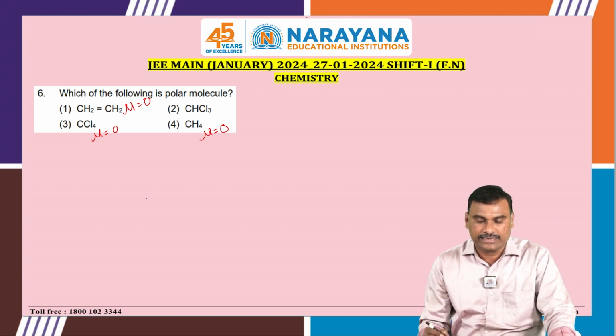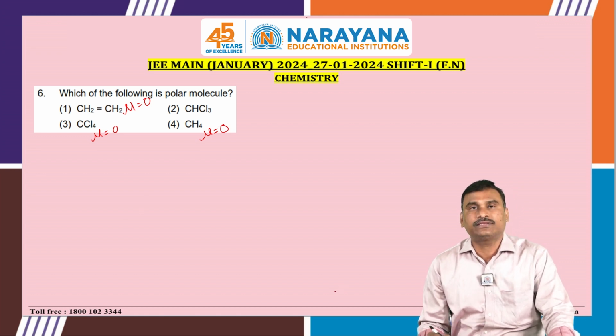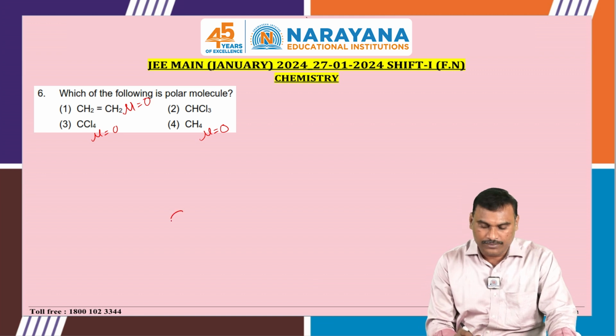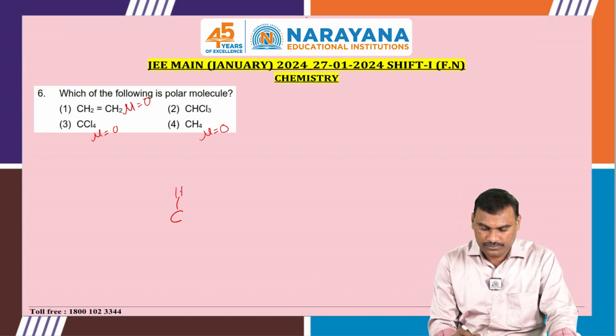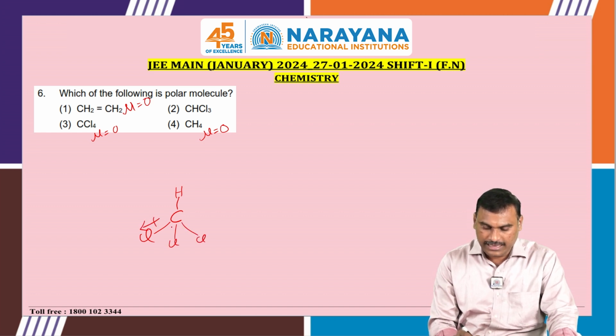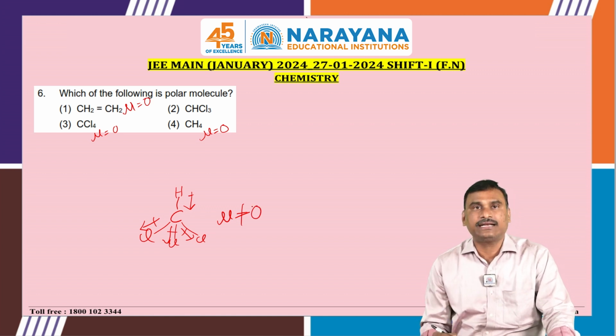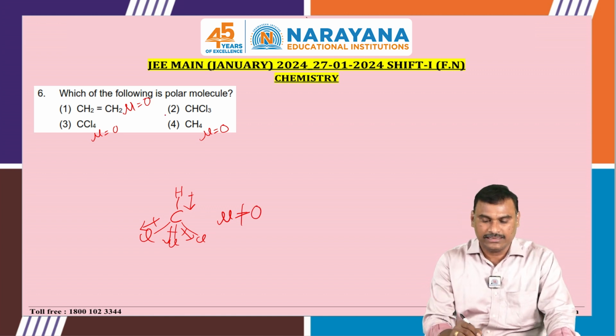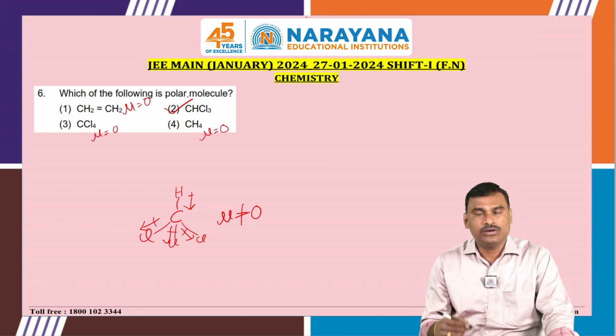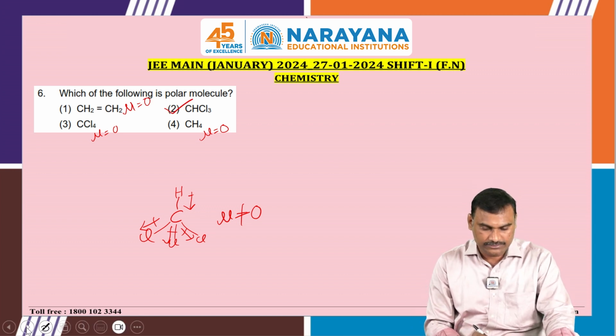All of them, 1, 3, 4, are symmetrical except the second option, chloroform. Here all the dipoles are on the same side and the dipole moment is not equal to 0. Therefore, the correct option for the polar molecule is option 2. Now, let us go for the next question, students.